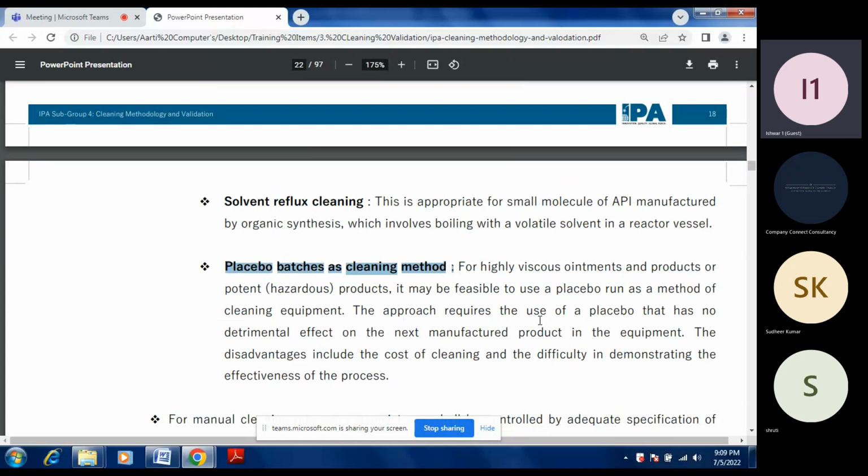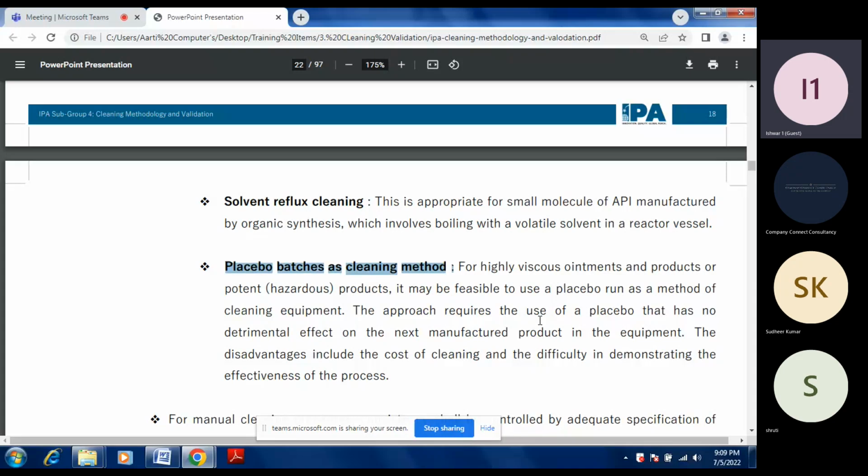For highly viscous ointment products or potent hazardous products, it may be feasible to use the placebo run as a method of cleaning equipment, and the approach requires the use of a placebo that has no detrimental effect on the next manufactured product in the equipment.